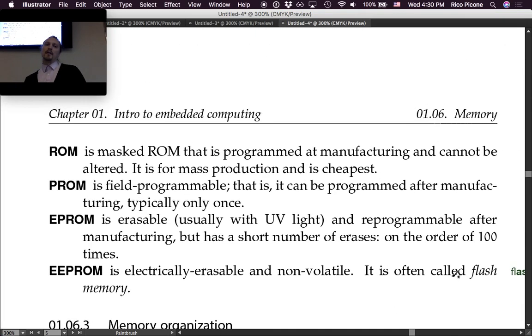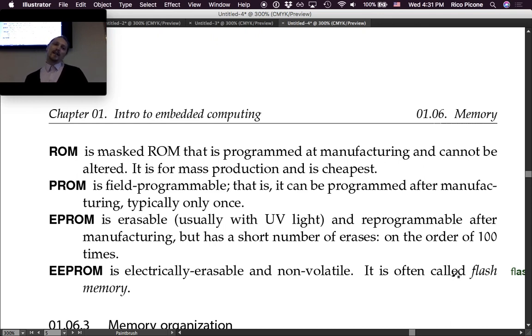ROM by itself is masked ROM that is programmed at manufacturing and cannot be altered. It's for mass production and is cheapest. So you just do it once, and there's no way to interface with it to rewrite it. Super cheap, but better get it right the first time. Otherwise, you can't do a patch update later on. It's done.